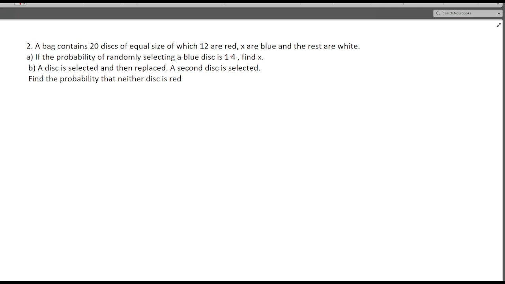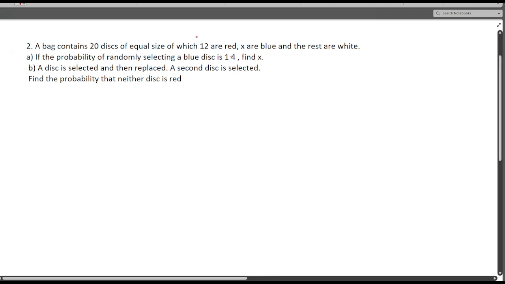This is question number 2. It is 1 by 4. Okay. So this is a typing error. Here it is 1 divided by 4.